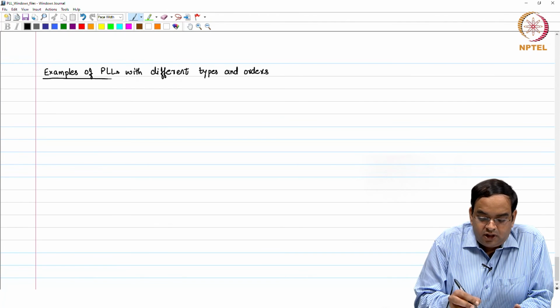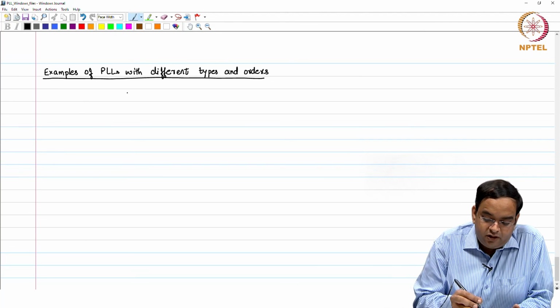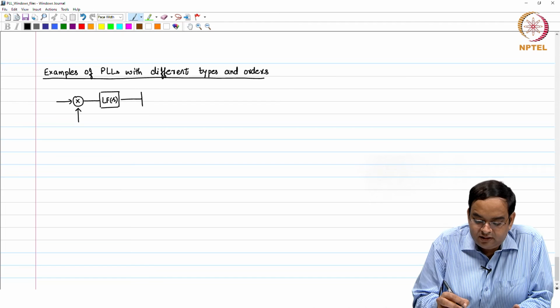So, let me just recall that PLL which we have been using. We had a mixer based phase error detector, followed by the loop filter which has a transfer function loop filter of S, followed by the VCO which has a transfer function K VCO over S, and this feeds back.